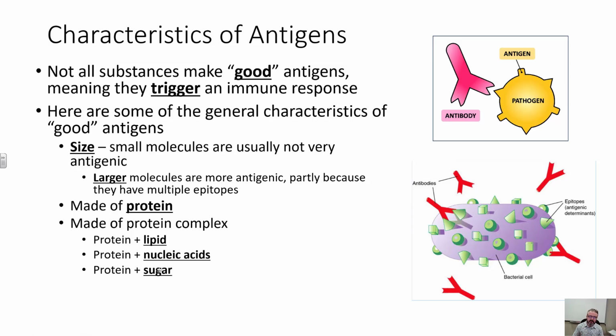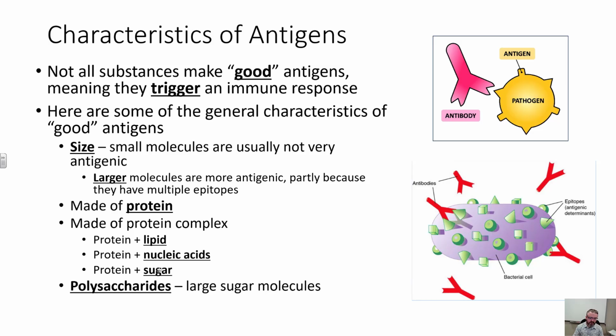So those kind of combinations can also make antigens as well. And another class outside of proteins are the polysaccharides. These are large kind of sugar, carbohydrate kind of molecules. They're not quite as common to be antigenic, but they do act as antigens in certain situations. So those are kind of the general characteristics of antigens.